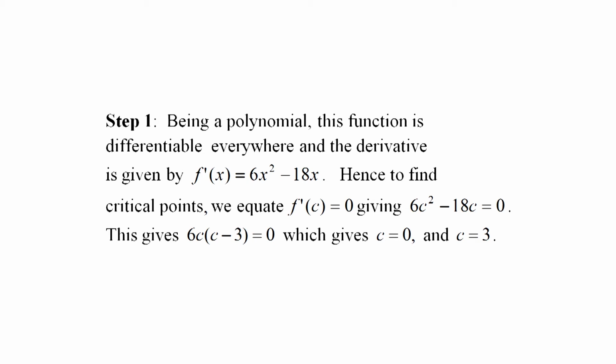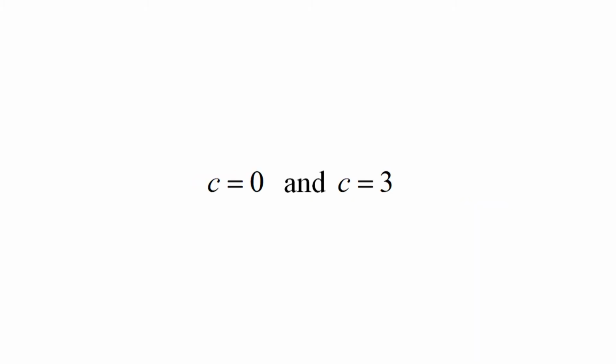Hence, to find critical points, we equate f dash of c equal to 0, giving 6c square minus 18c equal to 0. This gives 6c into (c minus 3) equal to 0, which gives c equal to 0 and c equal to 3. Thus, critical points are c equal to 0 and c equal to 3.